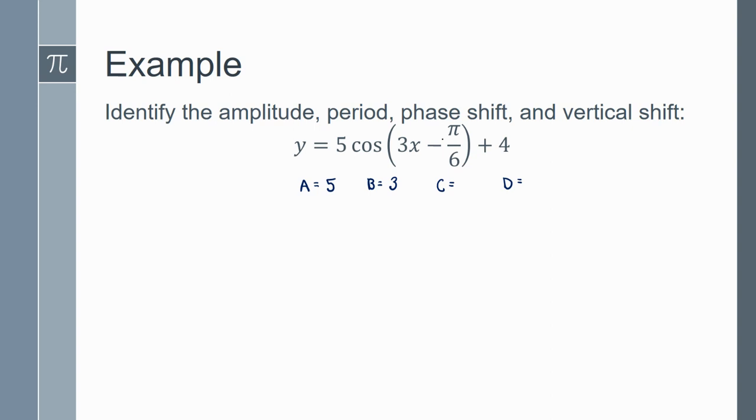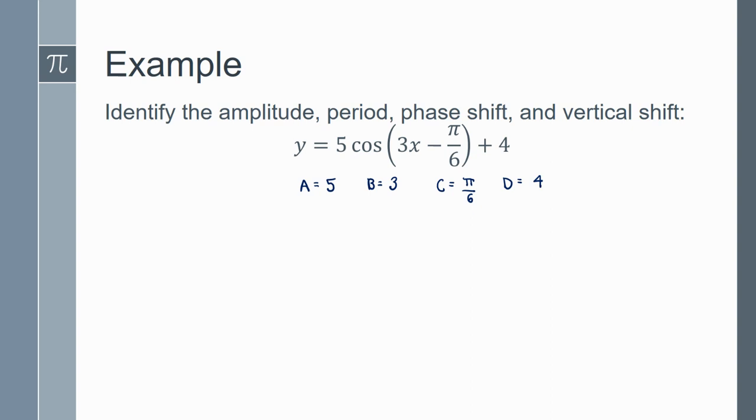Because I see a negative pi over 6 inside the parentheses, that means c is going to be a positive pi over 6, because I always change the sign for c. The value for d is what number is being added or subtracted onto that function, and for us, it's positive 4. And remember, I keep the sign the same.